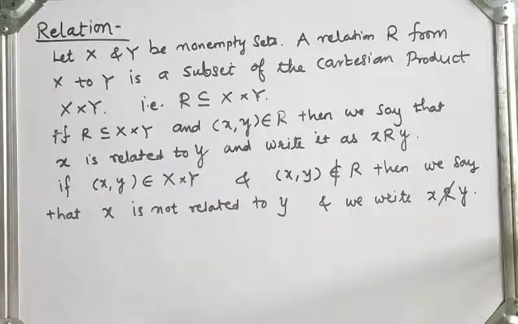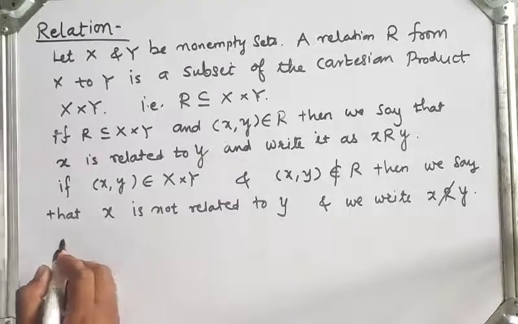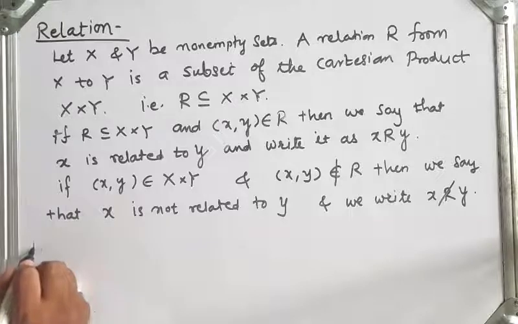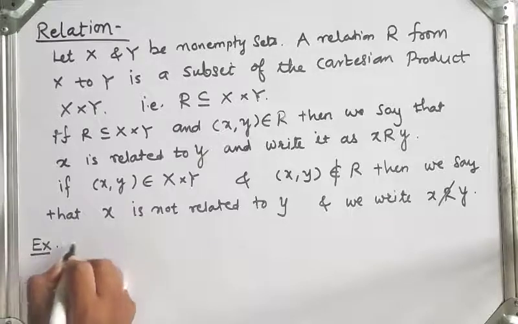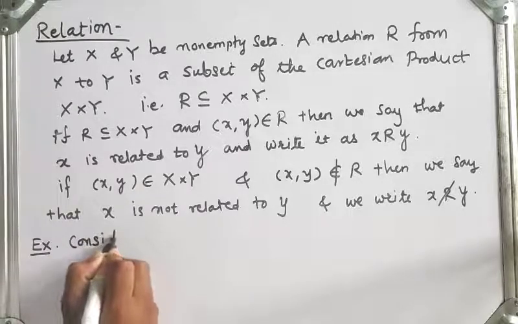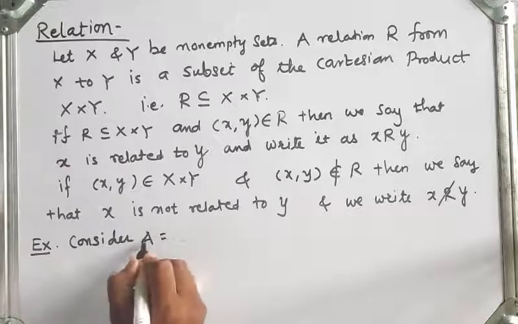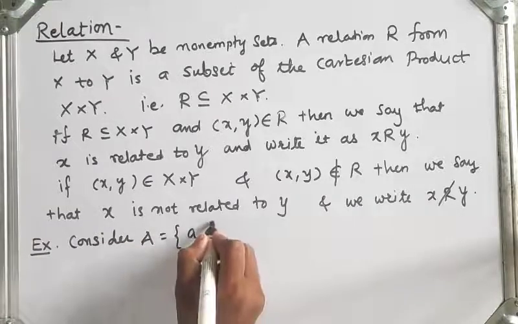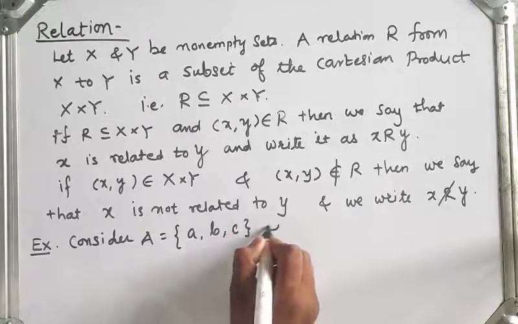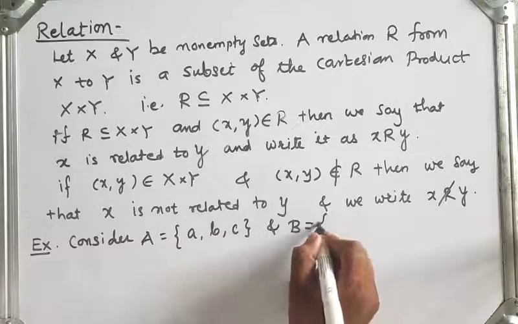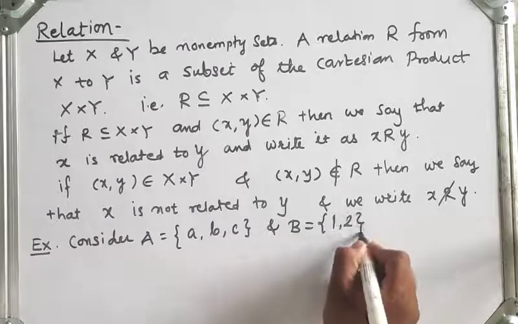Now consider an example. Let A be the set {a, b, c} and B be the set {1, 2}.